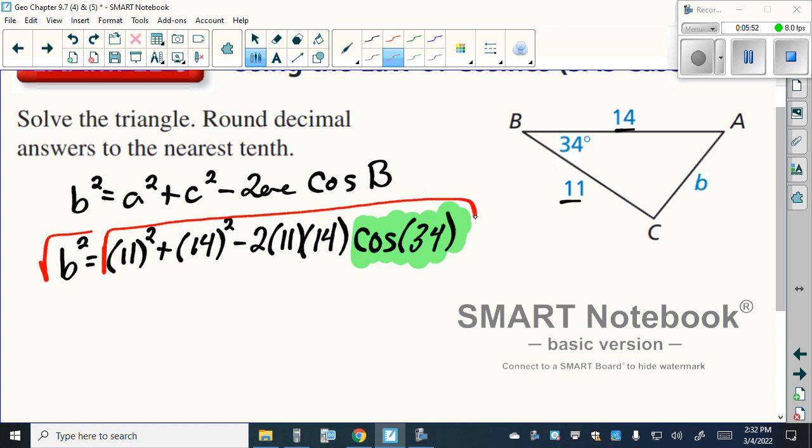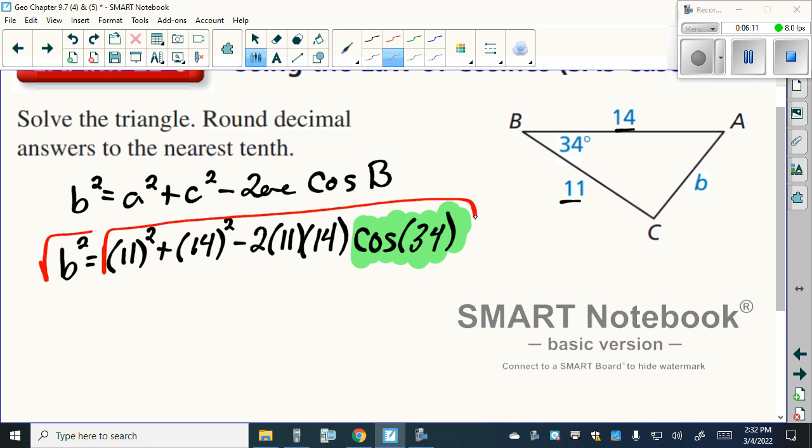So we could have calculated what 11 squared plus 14 squared minus 2 times 11 times 14 times cosine of 34 is, and got that value, then approximated it to get the square root of it, and then find the approximate answer. But if we do that, we're rounding twice.